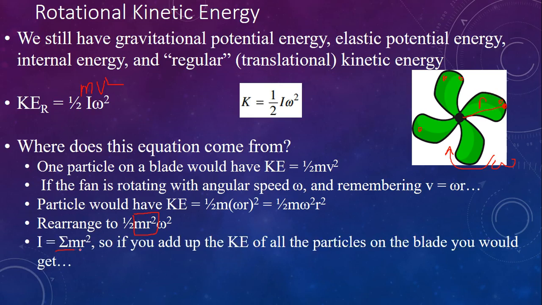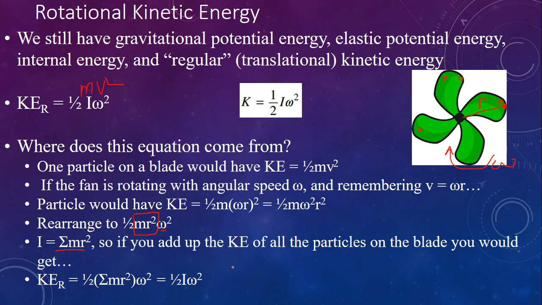So we're adding up all of the moments of inertia. So we would have 1/2 times the moment of inertia times omega squared. Omega is going to be the same for all of the particles because the whole fan has the same angular speed. So just wanted to go into more deeply where that comes from.